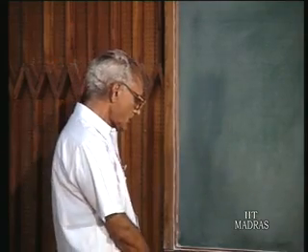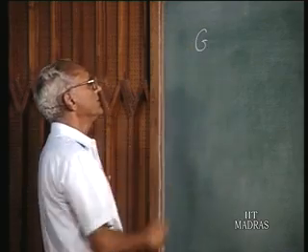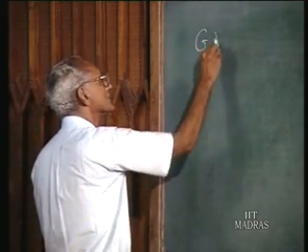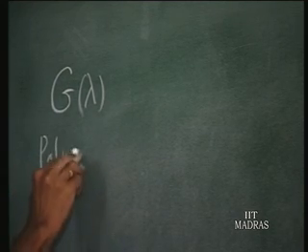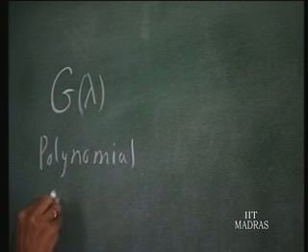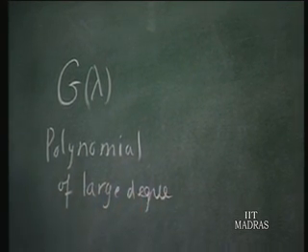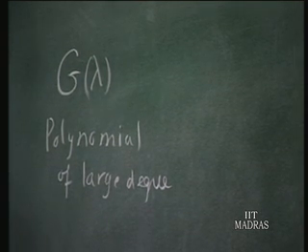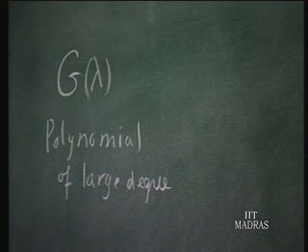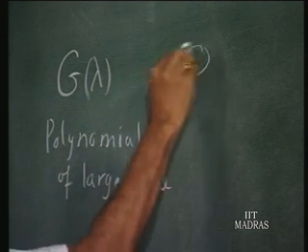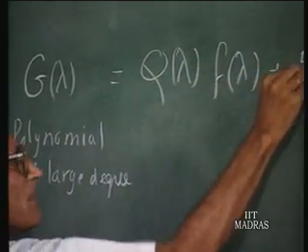Let us consider, for instance, a polynomial of very high degree, a grand polynomial, let us say g of lambda, a polynomial of large degree. Now suppose you divide f lambda, the characteristic polynomial, into g lambda, we can write this as some quotient polynomial times f lambda plus a residual polynomial in lambda.